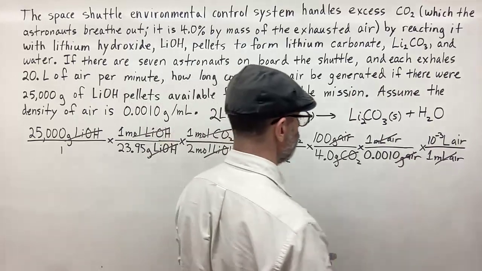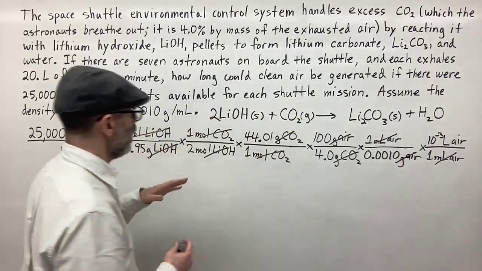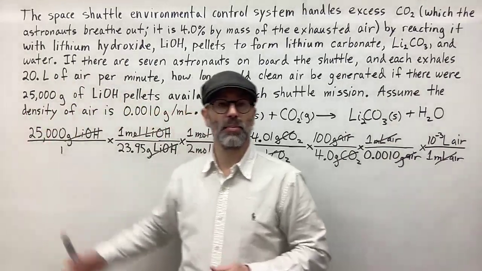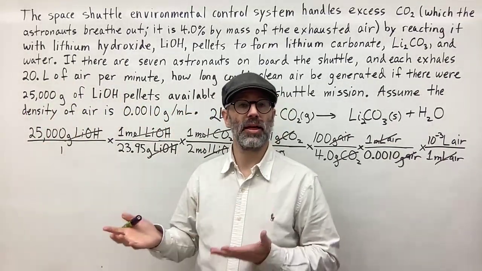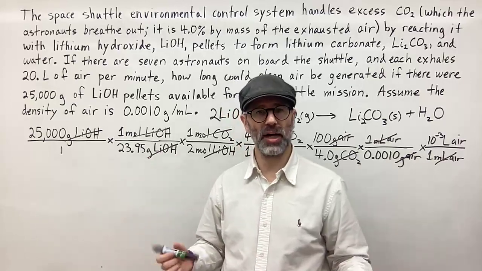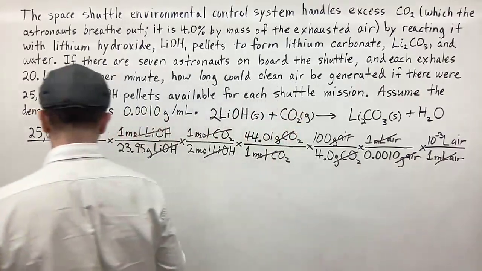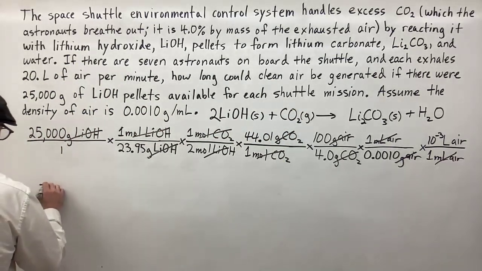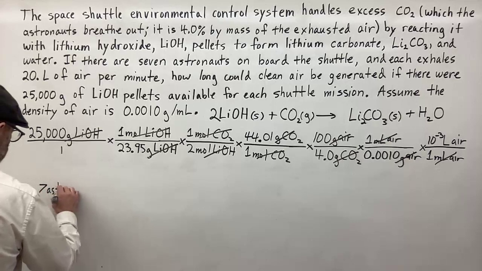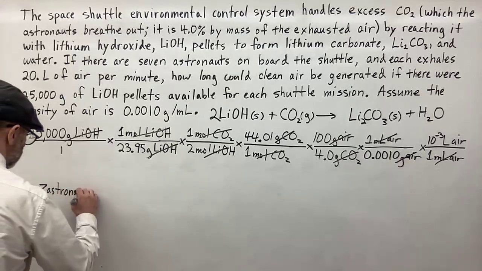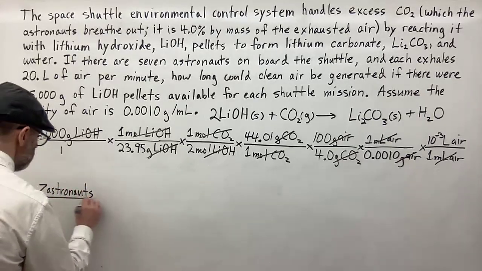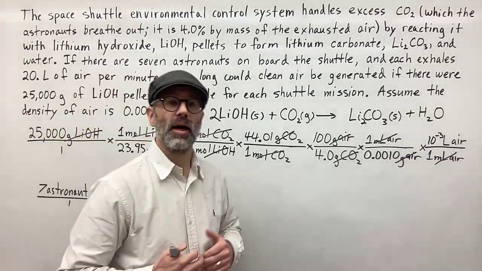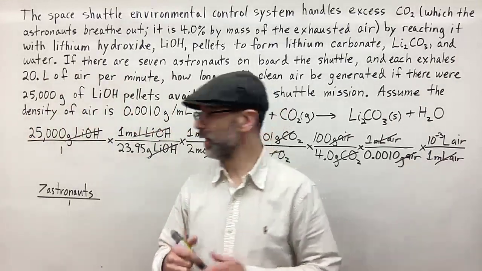But before I calculate the number of liters of air, I need to figure out how many liters of air per minute is produced by the astronauts. And we have 7 astronauts. I know each astronaut is exhaling 20 liters per minute.